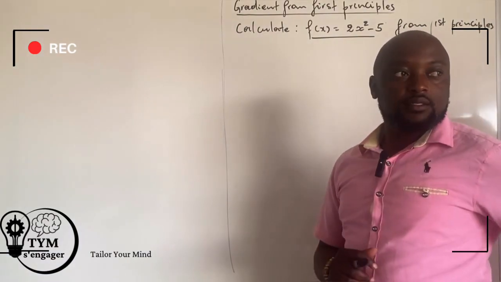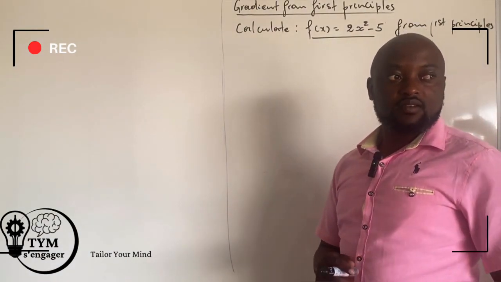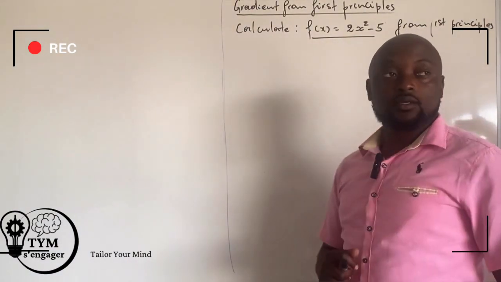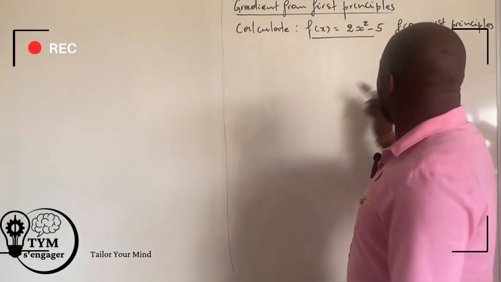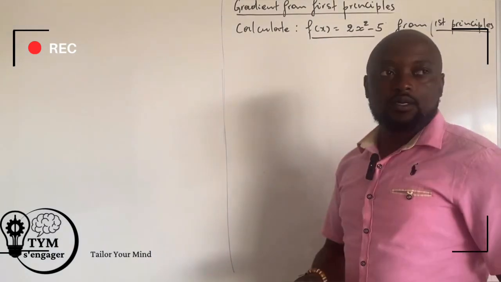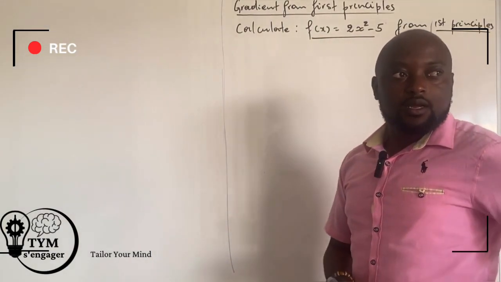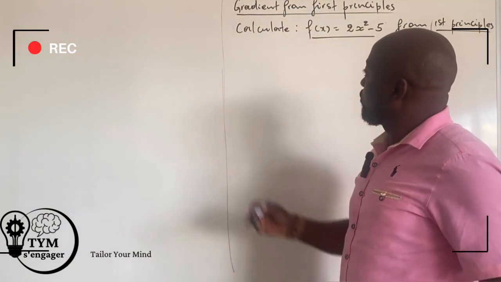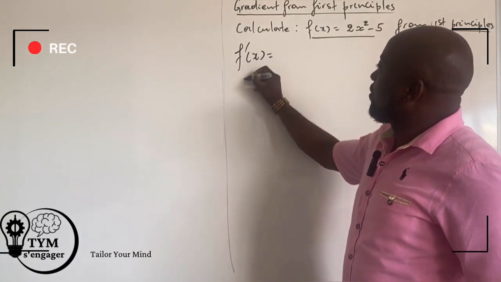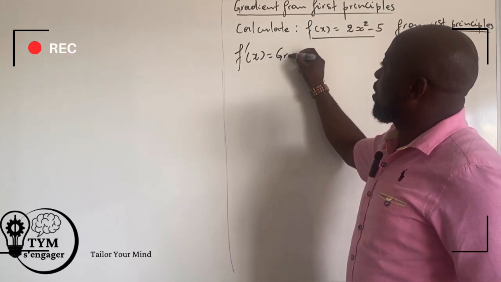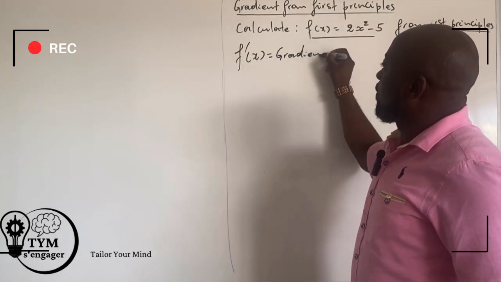There's a question the examiner will tell you: calculate f of x equals 2x squared minus 5 using first principles. That's your keyword there, first principles. In order for you to answer such a question, please know f prime of x represents your actual gradient.